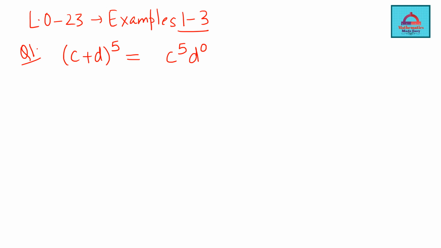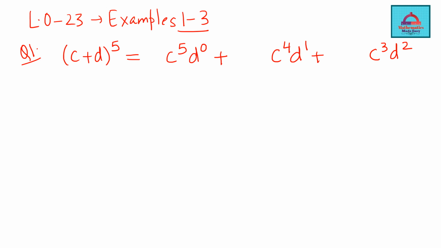So we are going to leave some space for the coefficients of the binomial. First I'm writing the terms. The next term would decrease the power of C by 1, so it will become 4, and increase the power of the second term. Then the next term will have C to the power 3, D to the power 2. Make sure that each time the sum of the powers is 5.